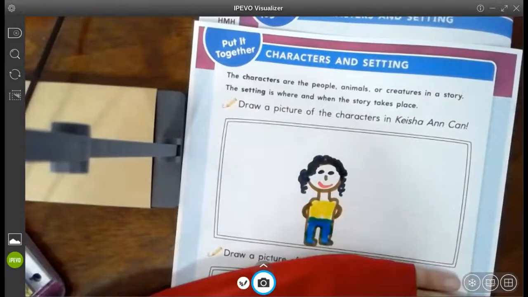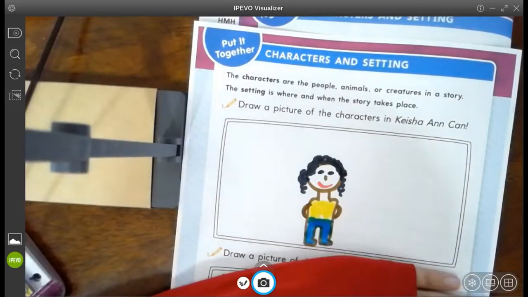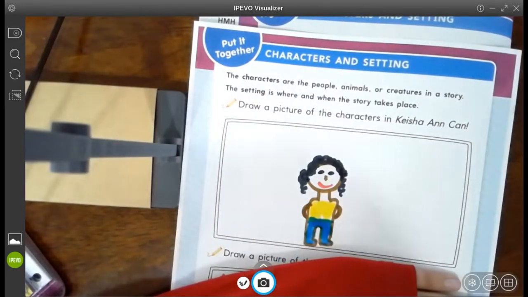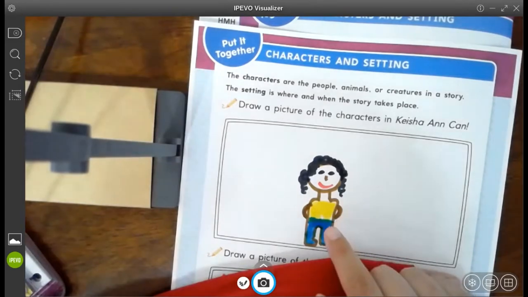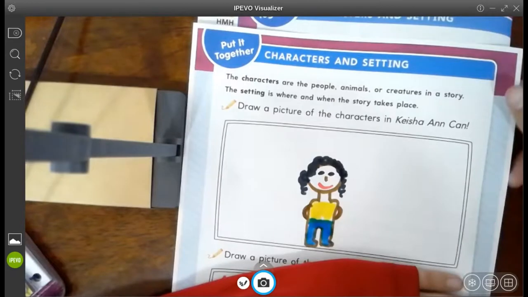I drew Keisha, a kindergartner ready for school. Keisha is a person from my story. She's a character. After you're done drawing your picture, put your crayon or pencil down so we can move on.